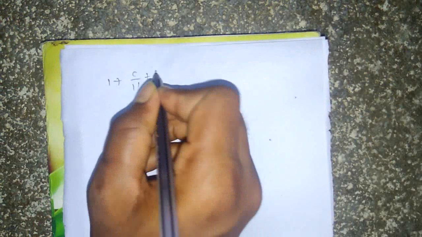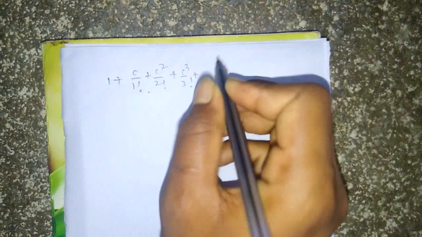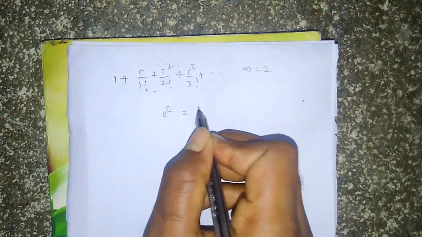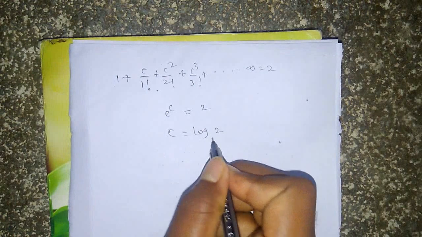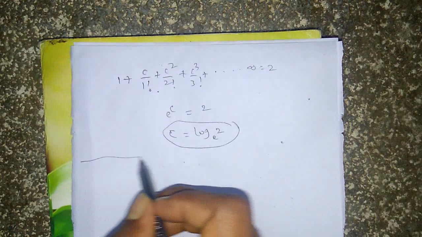So it will be 1 plus c by 1 factorial, c square by 2 factorial, c cube by 3 factorial and so on up to infinity is equal to 2. Now this is in the form of e power c is equal to 2. Apply log on both sides. Therefore c is equal to log 2 to the base e. That is the value of c.